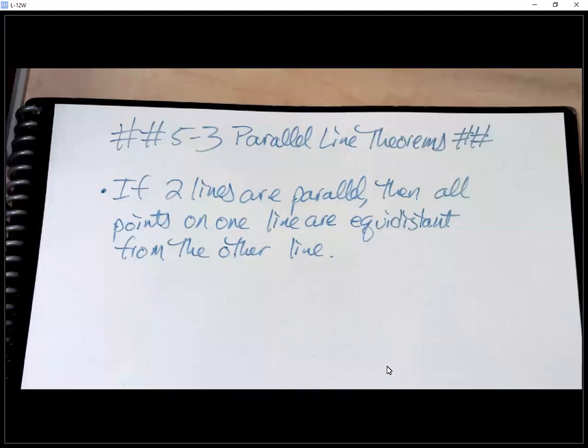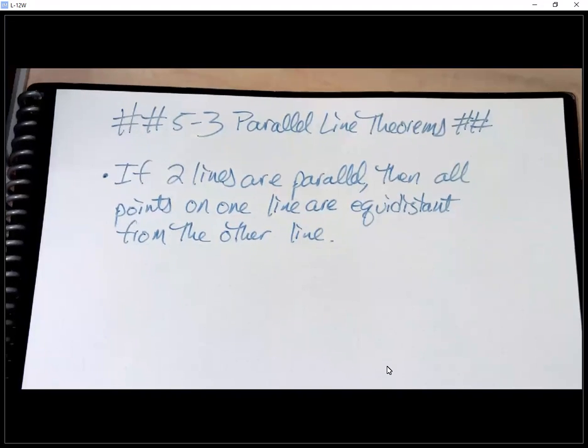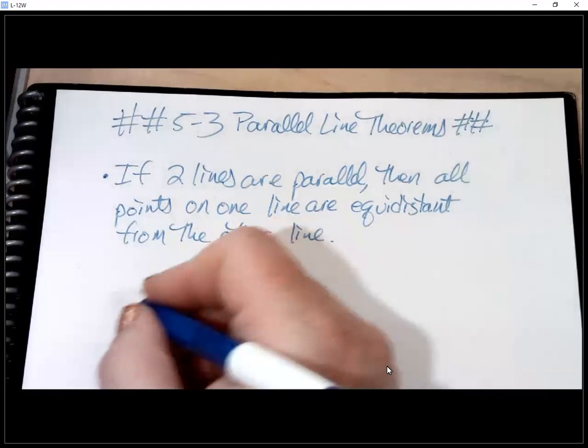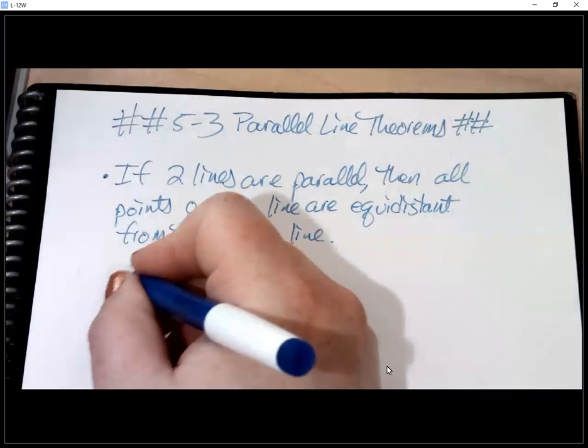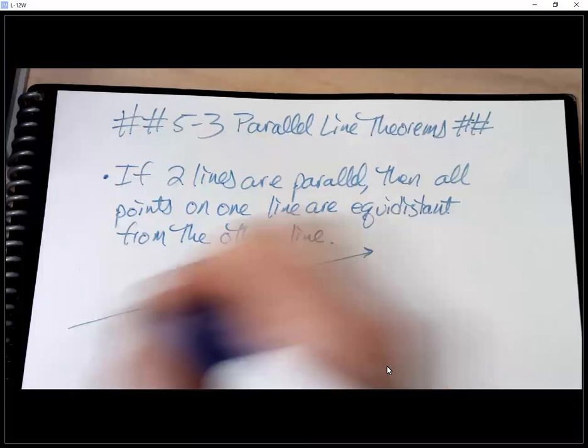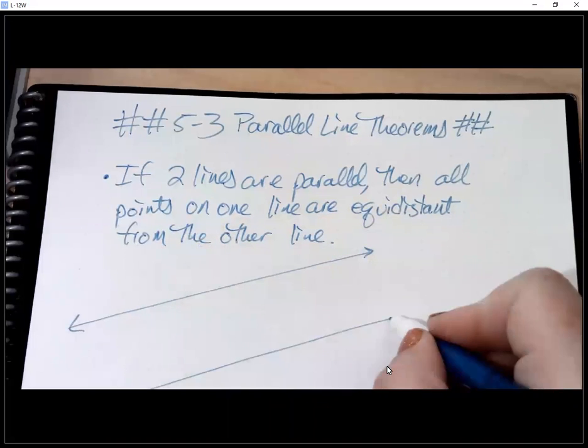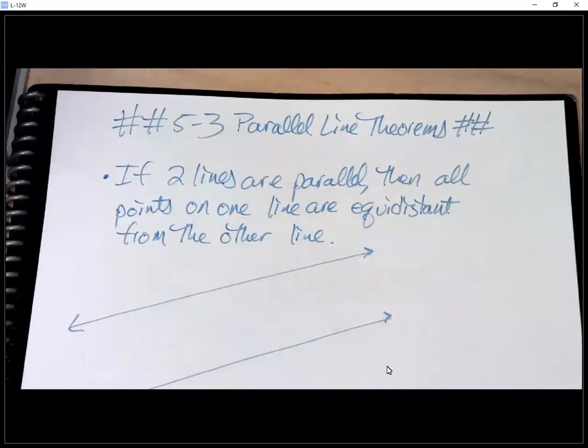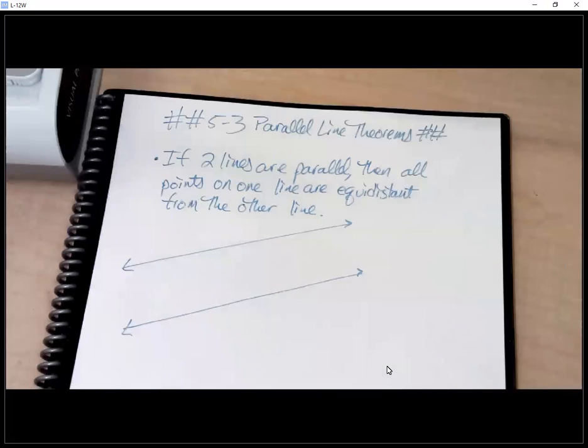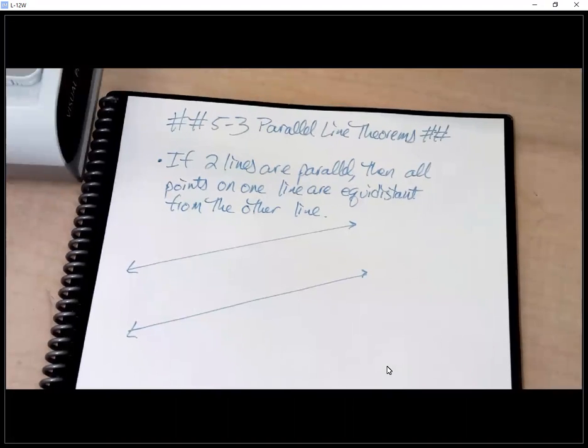Okay, so if you have two lines that you know for a fact are parallel, let's take these two and let's assume that I do know for a fact that they are parallel to each other. So I will go ahead and mark them as such.